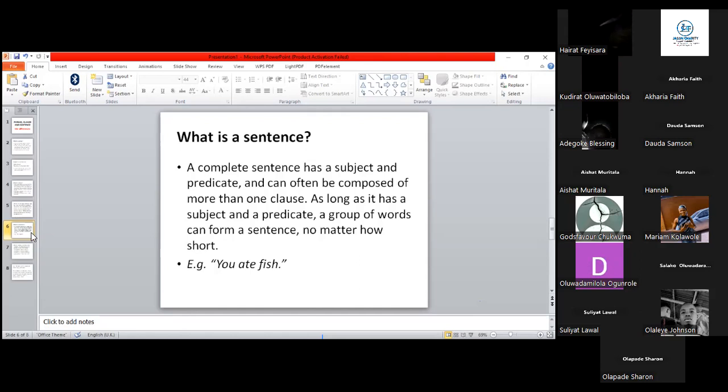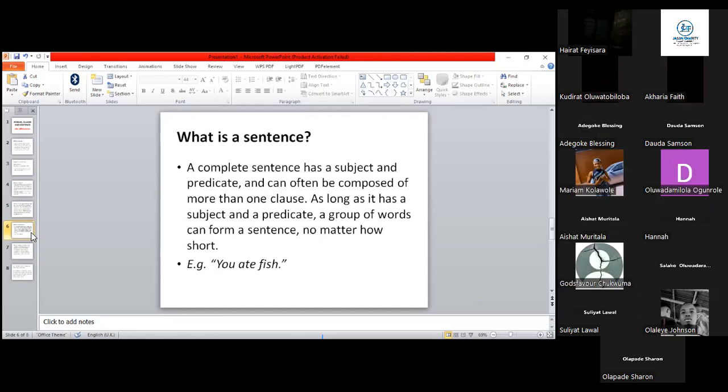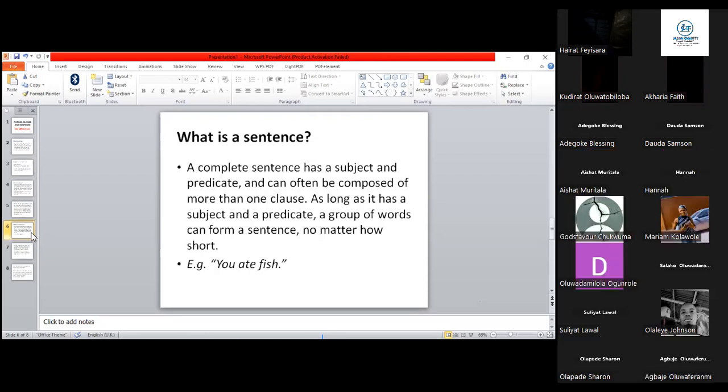But structurally, a sentence has four types, though some schools of thought say three, but basically we can still have four.